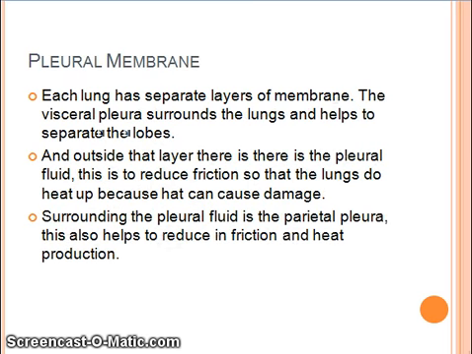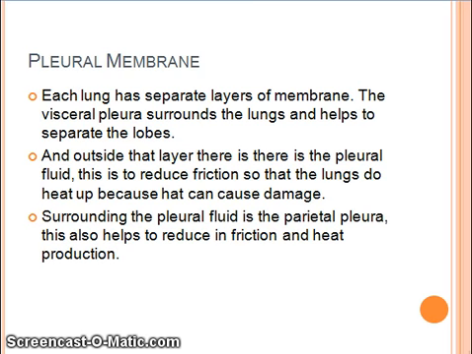Pleural membrane. Each lung has separate layers of membrane. The visceral pleura surrounds the lungs to help separate the lobes. Outside that layer, there is the pleural fluid. This is to reduce friction and heat production so that lungs don't become damaged.